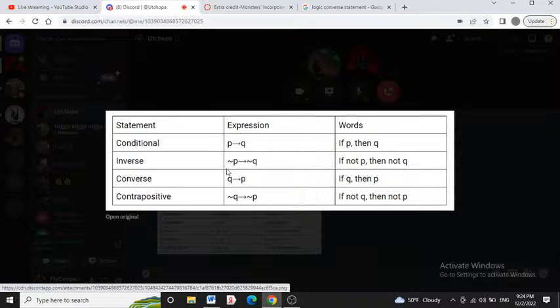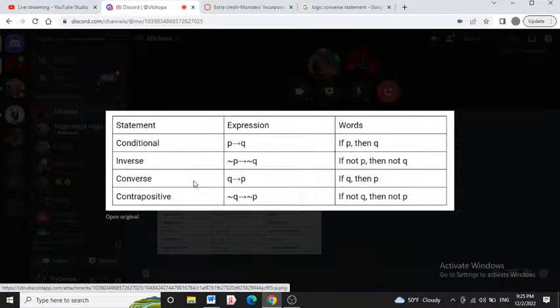So if I clap my hands it makes a sound; in the inverse, if I don't clap my hands then I don't make a sound. Converse basically flips the whole thing around. So the converse logic is if I make a sound then I clap my hands.